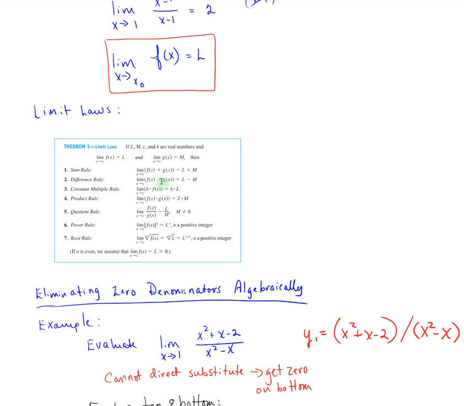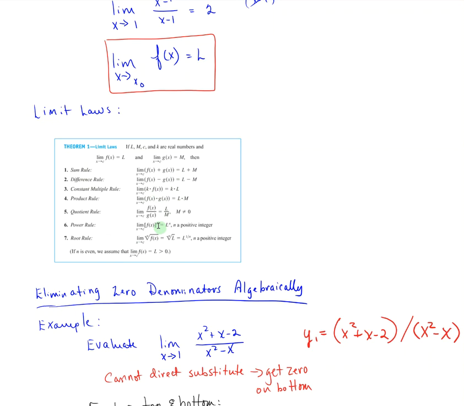Likewise, the limit of a difference is the difference of the limits. You can do it with the constant multiple rule. If you have the limit as you approach c of some number times a function, then it is that number times the limit. You can go through these and see that that should algebraically make sense to you.